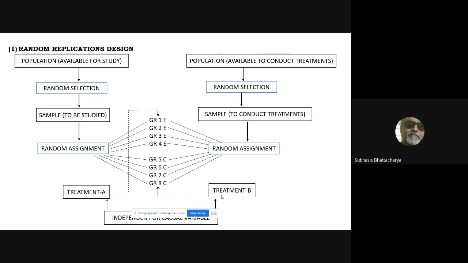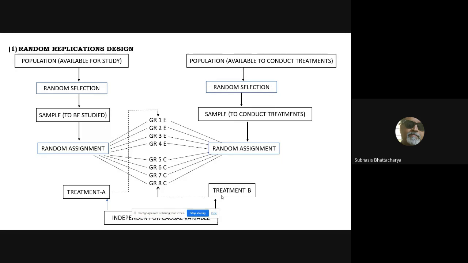So in the figure, the population is identified, one available for the study, and another available to conduct the treatment. So there are two different population groups, and from them, same as before, the two group randomized design continues. After the random selection, a sample is drawn for the study group and for the treatment group, then random assignment.